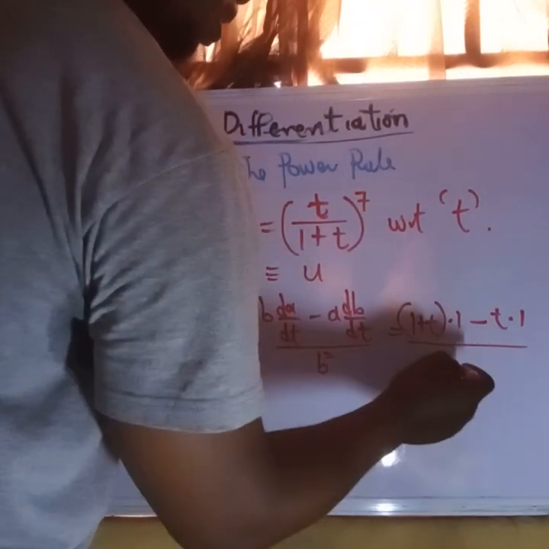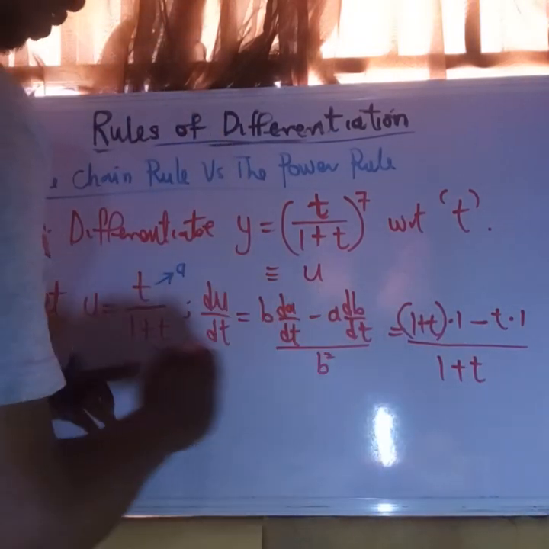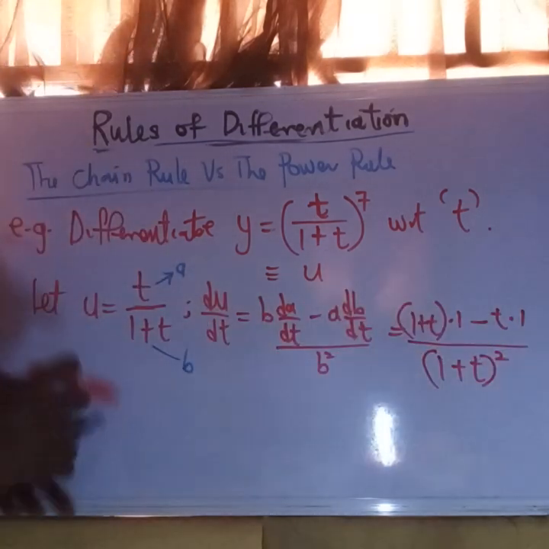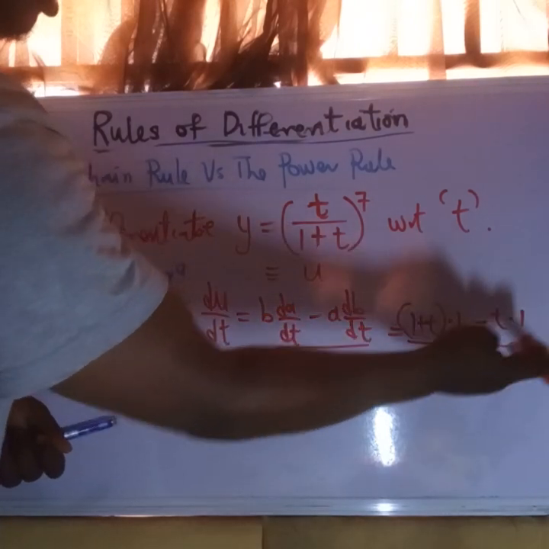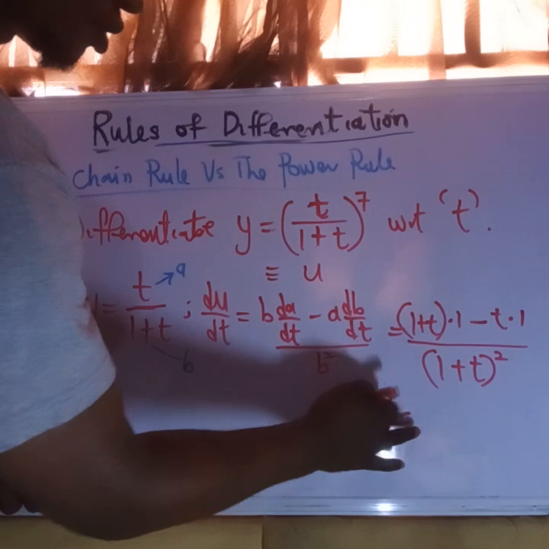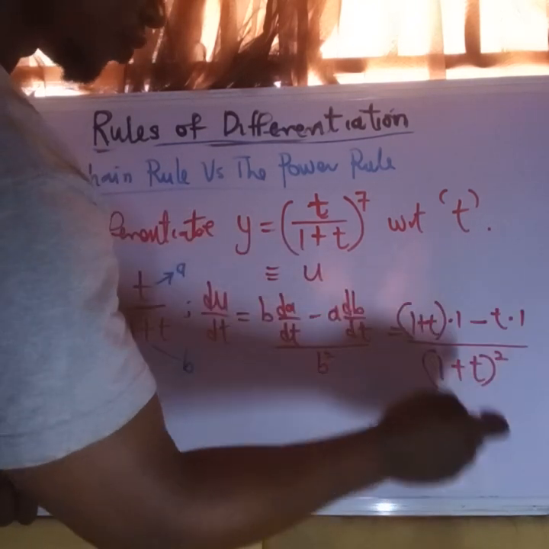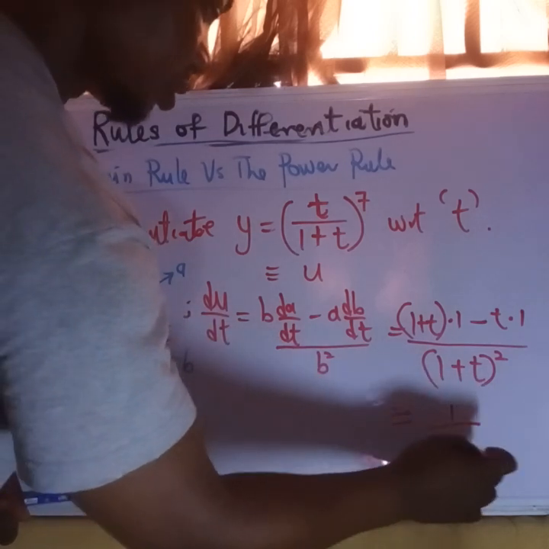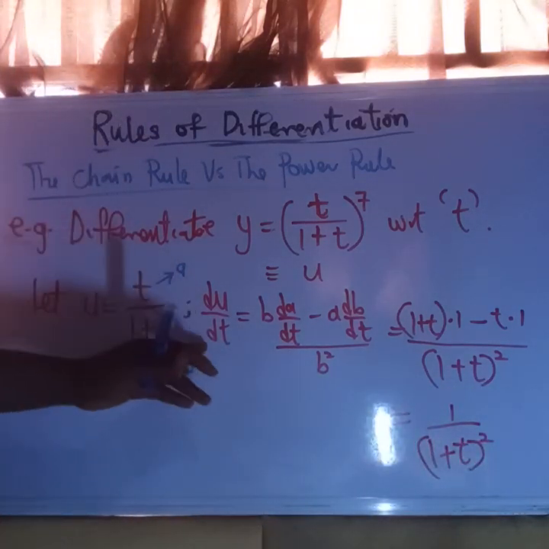Everything is over B squared, that is 1 plus t all squared. If you open the bracket here, t times 1 is t, this 1 does not affect this, so the t cancels t there, and the main term here will be 1 over 1 plus t all squared. So this is the derivative of u with respect to t.